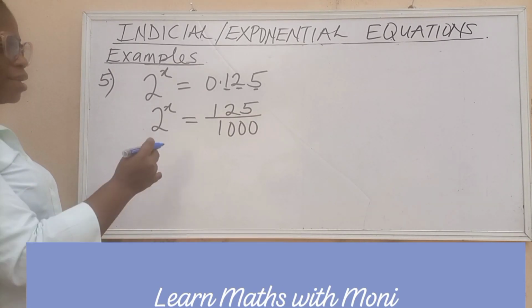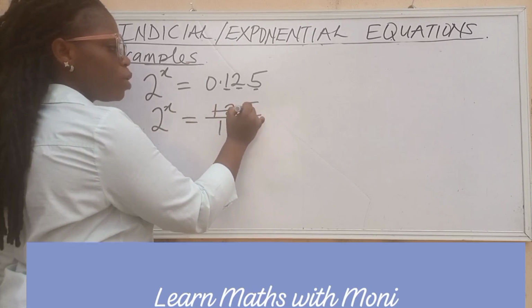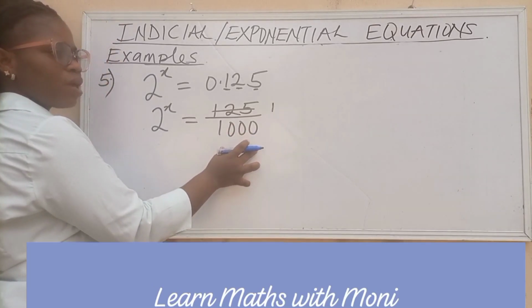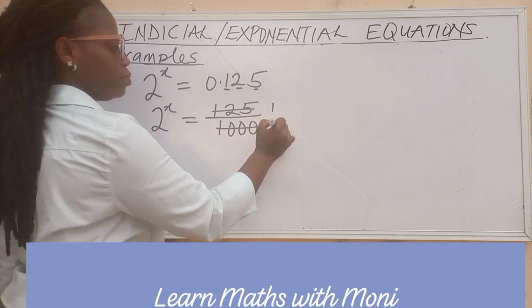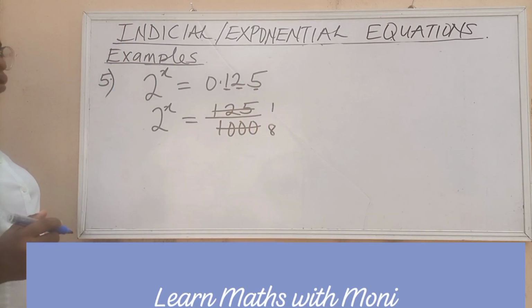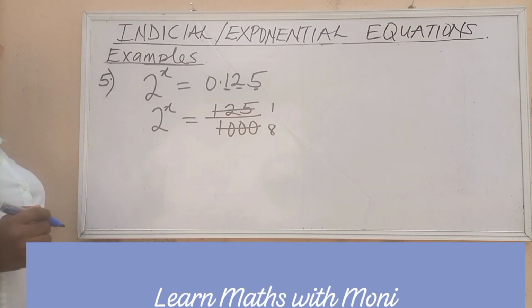Let's seek to reduce this to the lowest term. 125 in 125 is 1. And in 1000, I can get 125 8 times. So 125 over 1000 equals to 1 over 8.